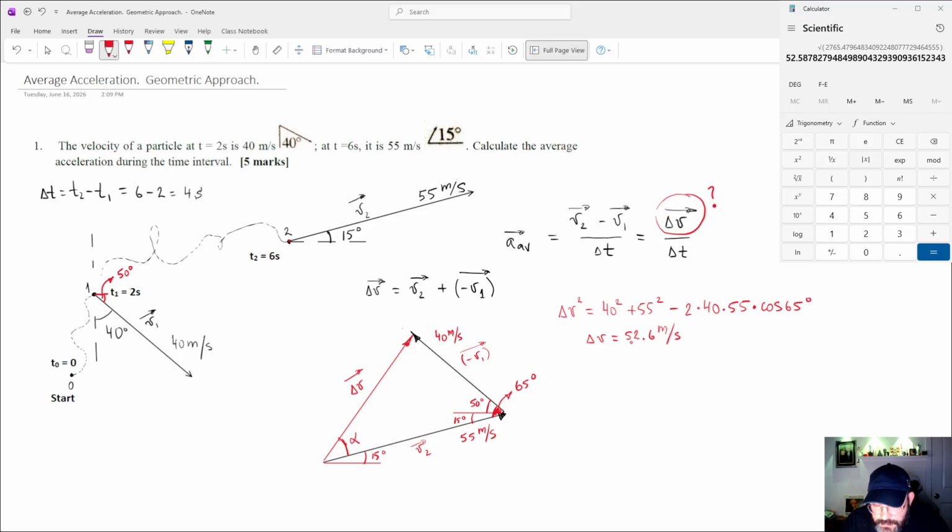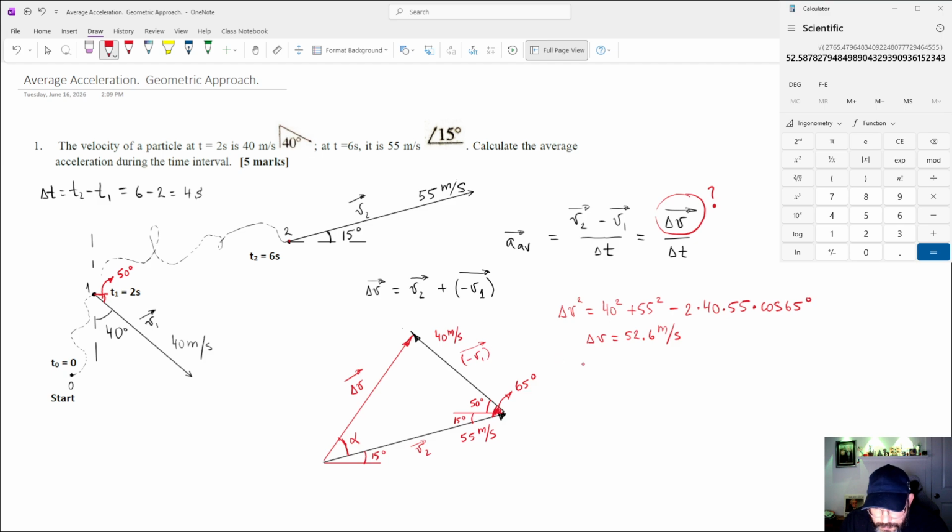So that's not it, right? So we just defined the magnitude of this vector, but we also need some angle which defines its direction. And this is going to be our angle alpha plus 15 degrees. So we just need to calculate that angle alpha, and to calculate angle alpha, we are going to apply sine law.